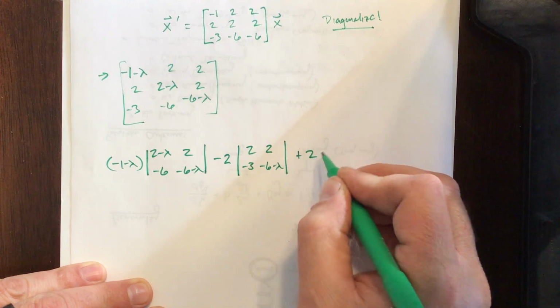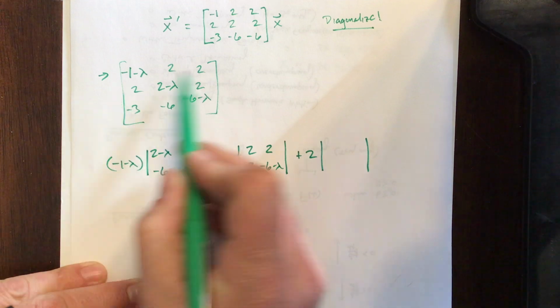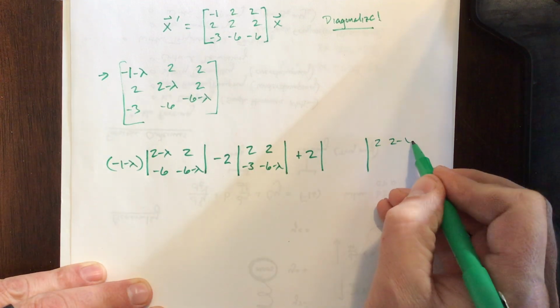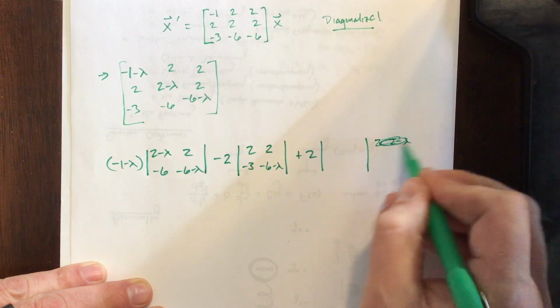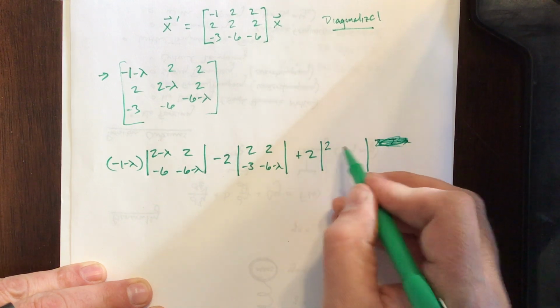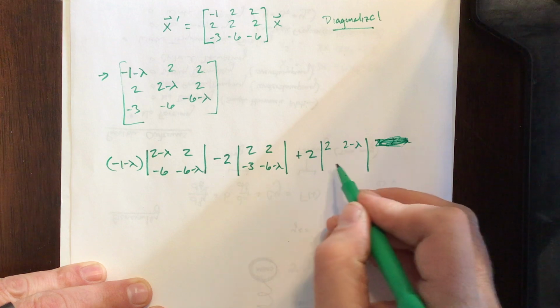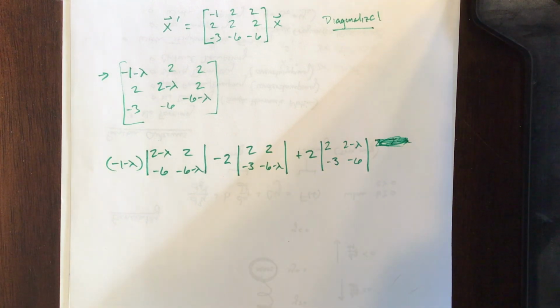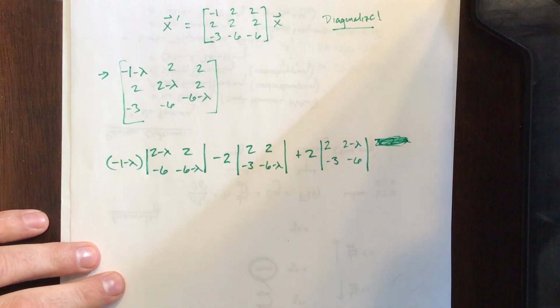Cross out the row and column. Up top, we're at 2, 2 minus lambda. Oops, sorry. 2, 2 minus lambda, negative 3, and negative 6. All right, see what this boils down to.